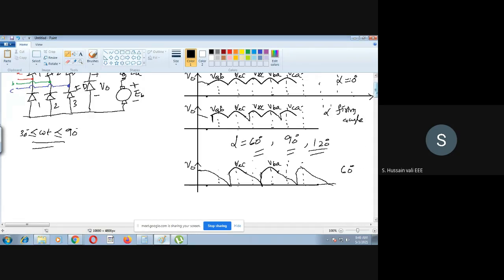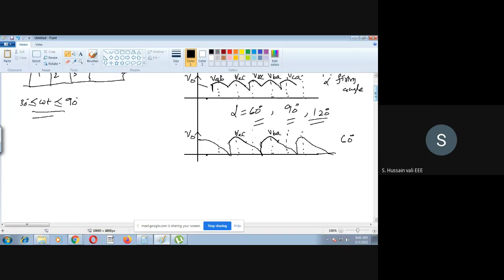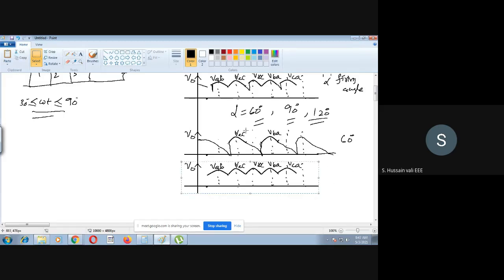Similarly, if you go for 90 degrees, let's see what you will get here. If it is 90, then this entire part is also not there.